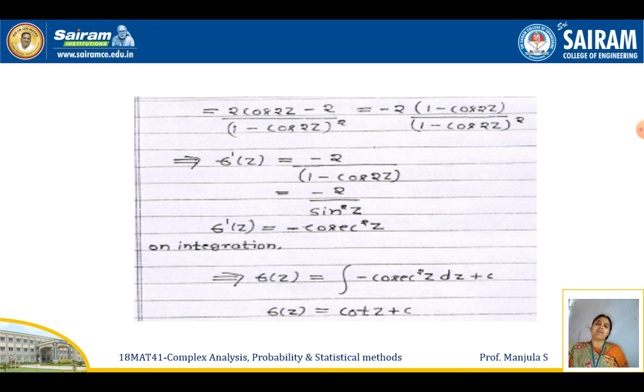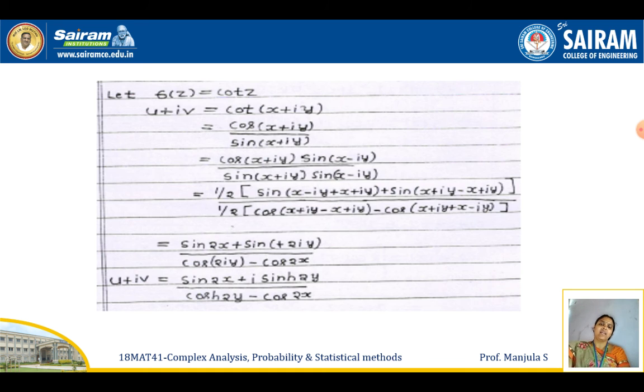This is the derivative f dash of z, but we need f of z, so we go for integration with respect to z. Integration and differentiation get cancelled, so f of z equals the integration of minus cosecant square z with respect to z plus an integral constant, take that as c. So f of z will become cot z plus c. This is our required analytic function.